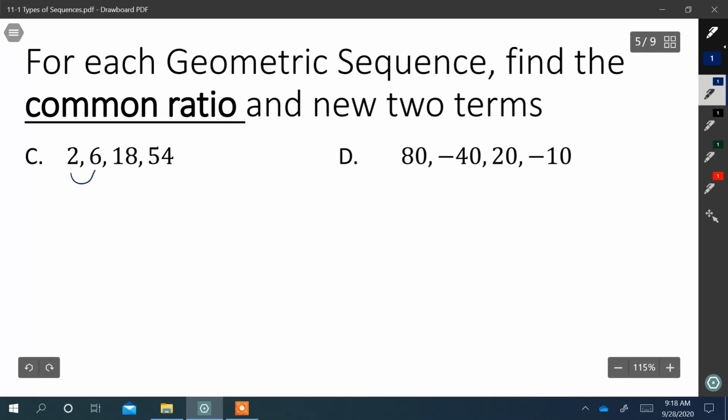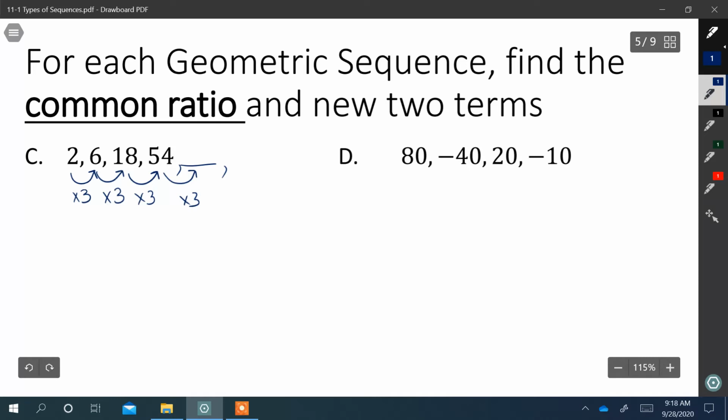All right, so we're multiplying by something here. Can we figure out what it is? I believe, well, 2 times what is going to be 6, I'm sorry. Well, 2 times 3 will be 6. So could you give me the next two?